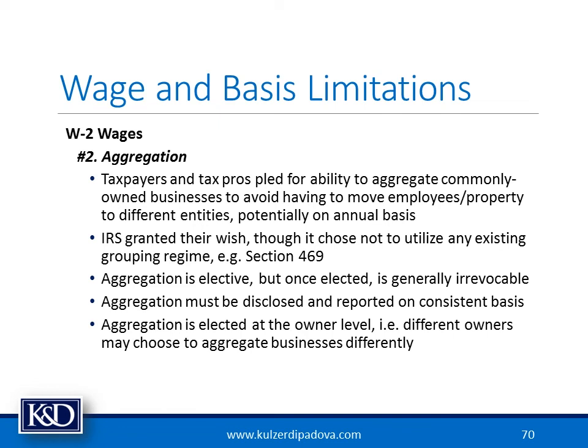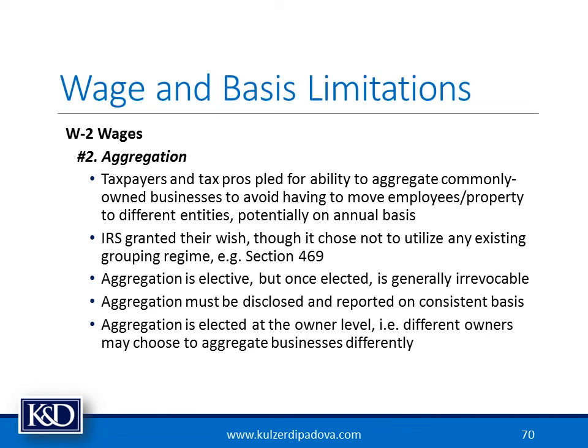That's what taxpayers and professionals like myself were really begging the IRS and Treasury to come out with, the ability to do this, because otherwise there was a lot of discussion about moving employees around, which is administratively either difficult or in some cases impossible if you have licensing requirements or contracts set up through the company, and that could change on an annual basis as your income goes up and down.